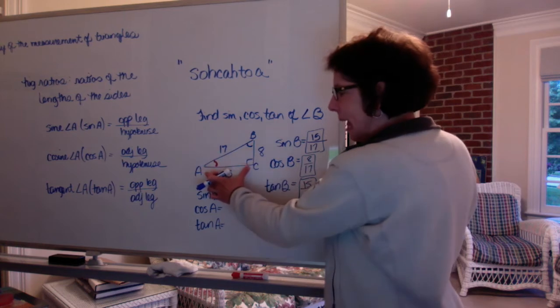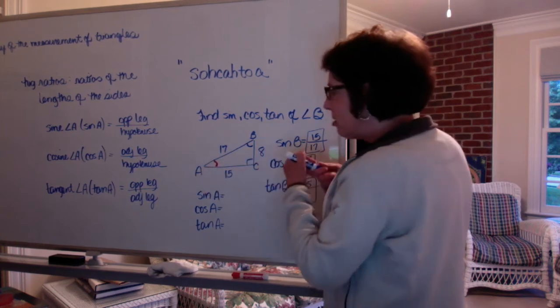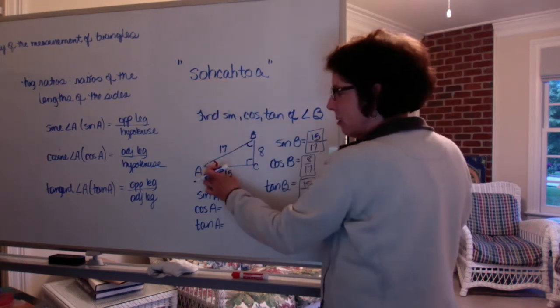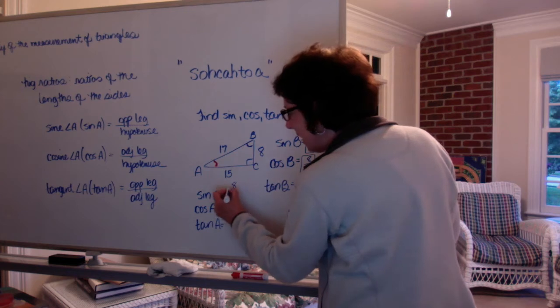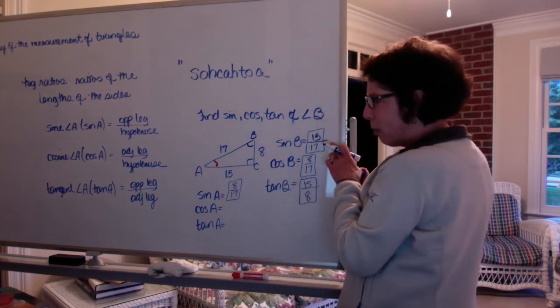The adjacent leg will be 15 and the opposite leg will be 8. So let's start with the sine. So, opposite over hypotenuse. Opposite 8 over hypotenuse 17. Okay, see how it's different from the sine of angle B.